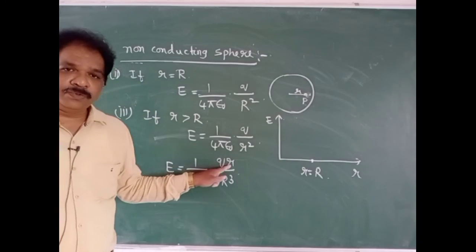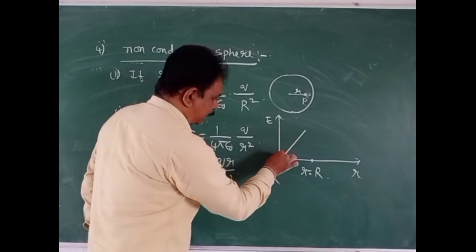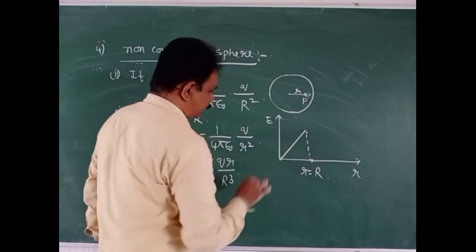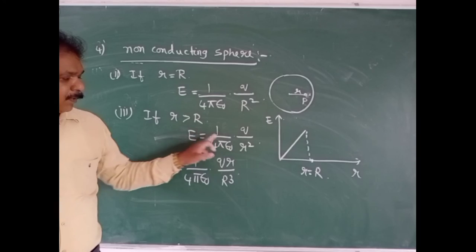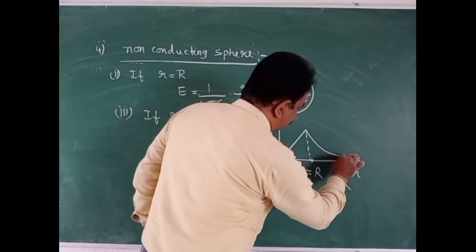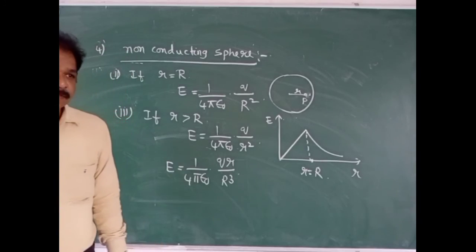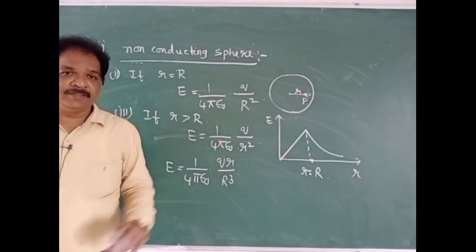E is proportional to R. So directly proportional means a straight line. Next, after capital R, what will happen? E is proportional to 1 by R square. So, hyperbola, not parabola. So the graph will be like this.